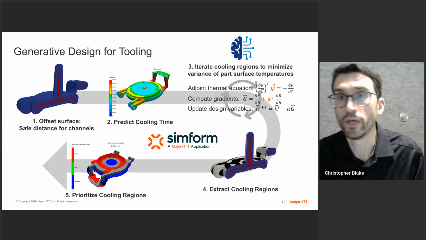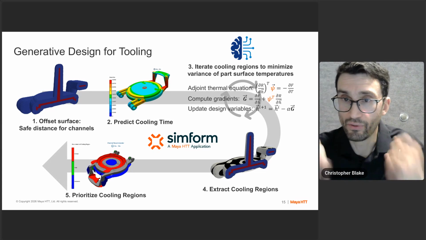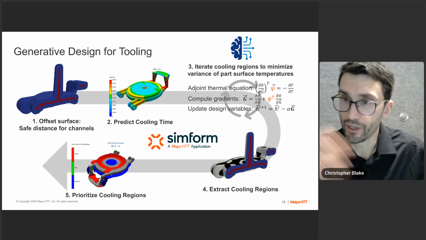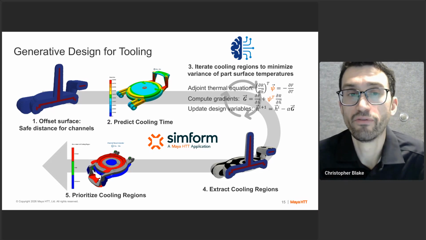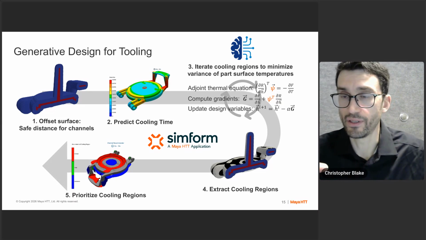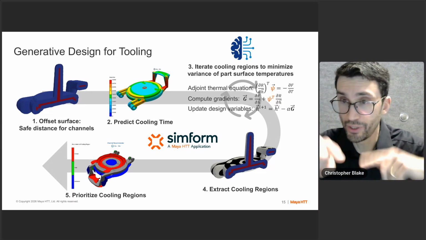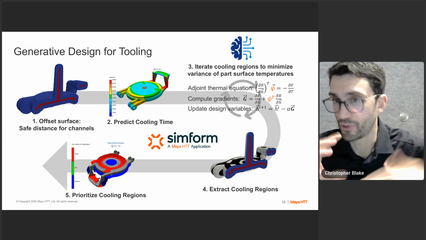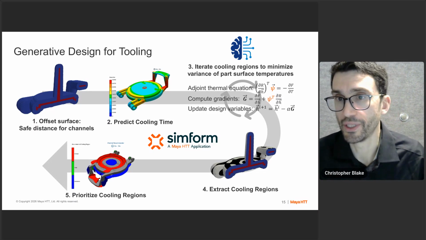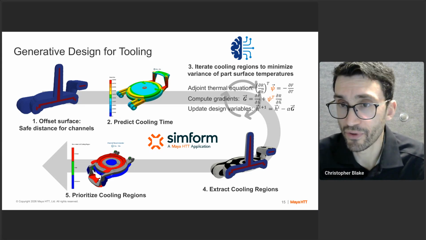So basically the way it works is you provide a plastic part design as CAD. We create an offset surface from that plastic part, which basically represents the safe distance at which you can drill your channels and still maintain the structural integrity of the part. Then we do a prediction of the cooling time for that part.